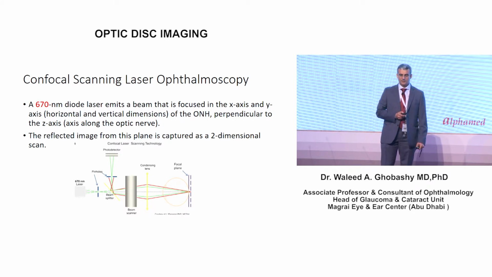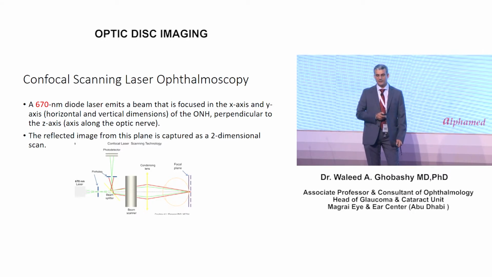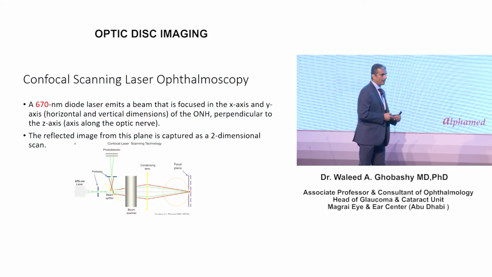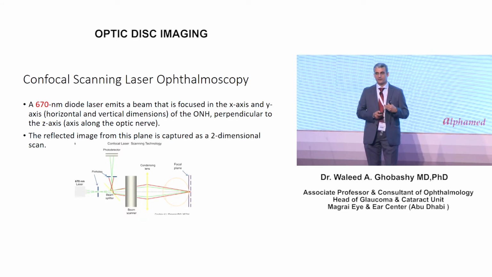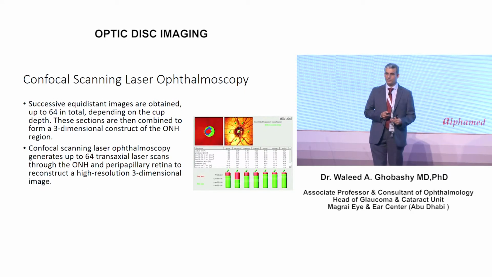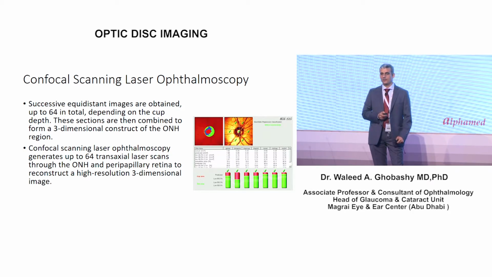The idea is a diode laser beam of 670 nanometers focused on the X and Y axes along the Z axis, the length of the optic nerve in different sections. It can produce up to 64 transaxial laser scans, depending on the depth of the cup.